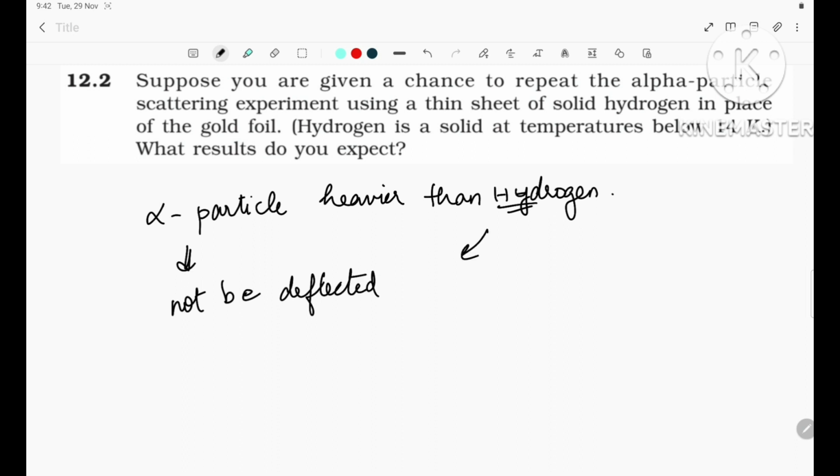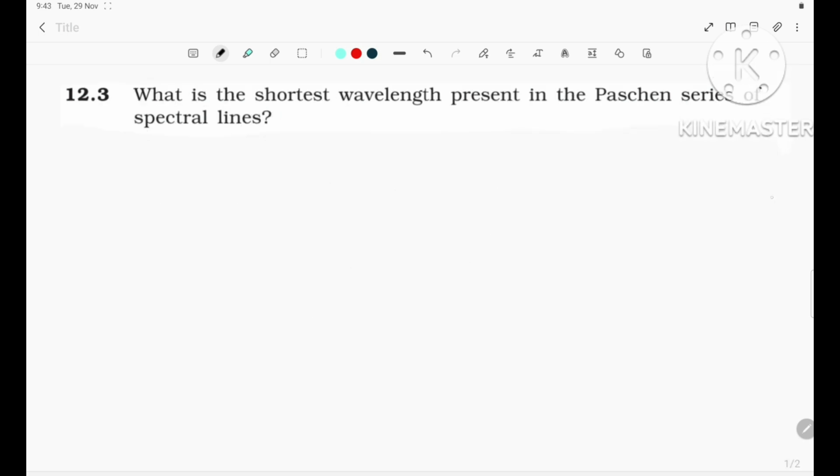It will just go undeflected through the solid hydrogen. So you cannot perform an alpha particle scattering experiment with a hydrogen atom. That is the answer for this question. Because the alpha particle is heavier than the hydrogen atom, it will not get deflected, it will simply pass through the hydrogen atom.